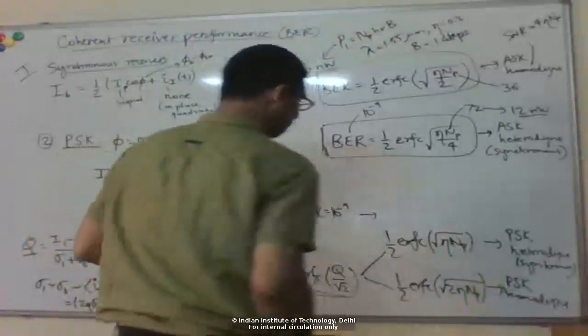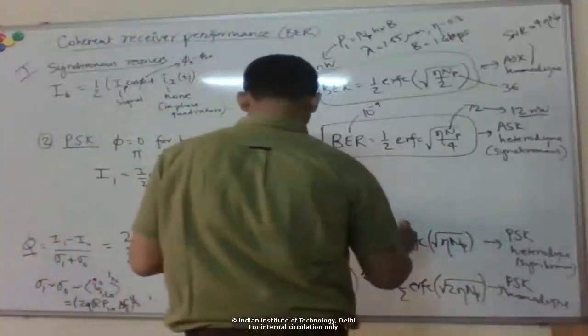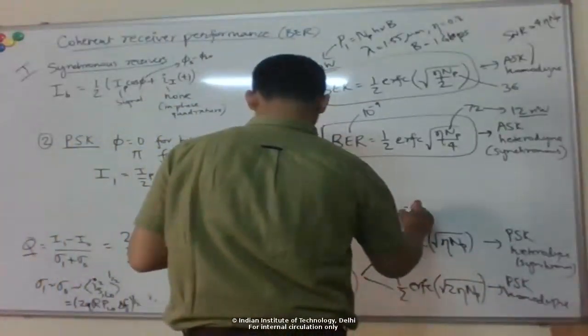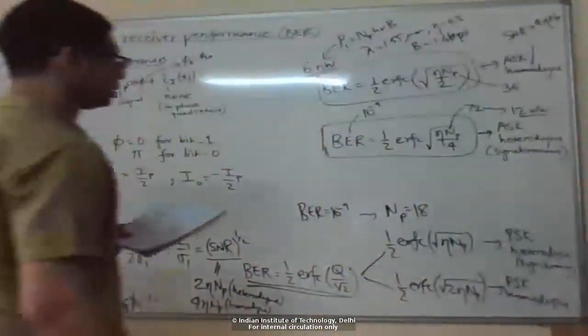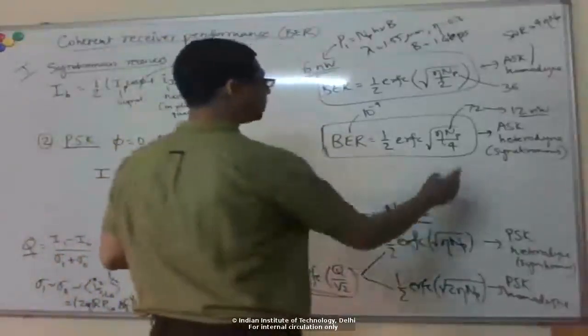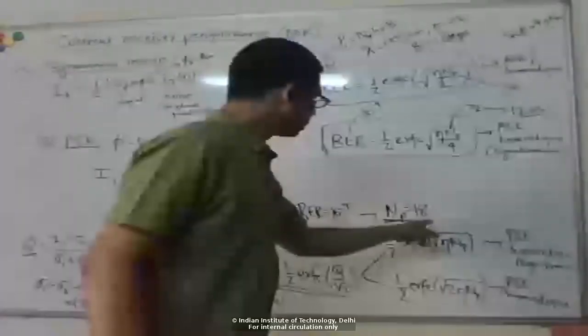For a BER of 10 to the minus 9, for PSK heterodyne synchronous detection, I just need NP of 18. Again, it was 72 for ASK heterodyne.